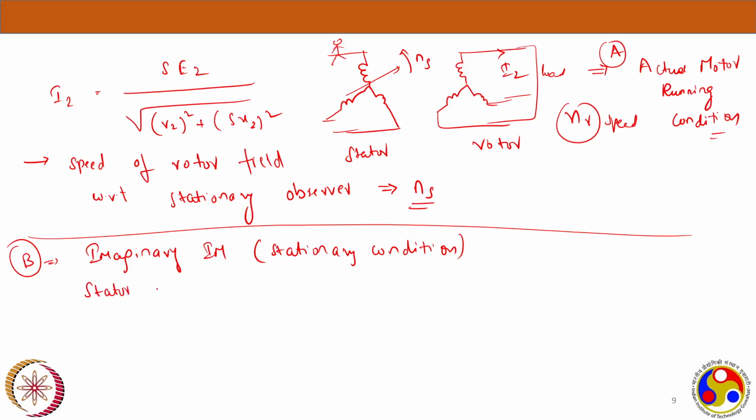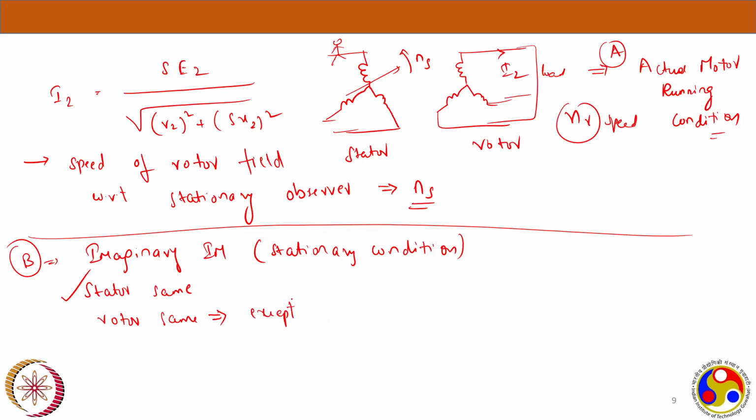For this motor, the stator is the same, the rotor is also the same, except that I have locked the rotor. While designing it, I will design the rotor the same as the stator.